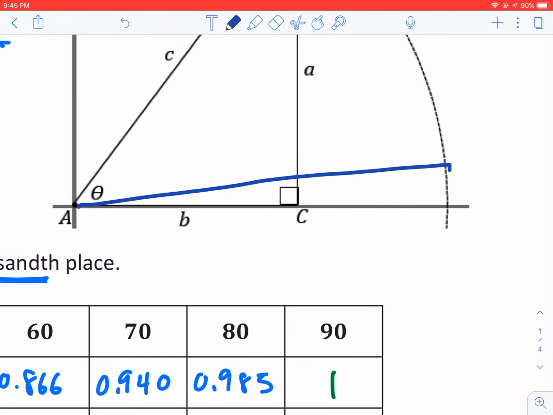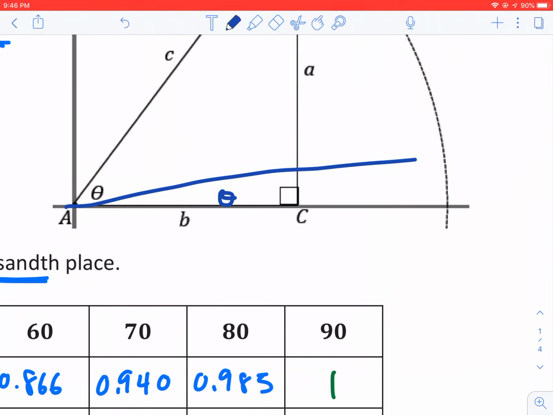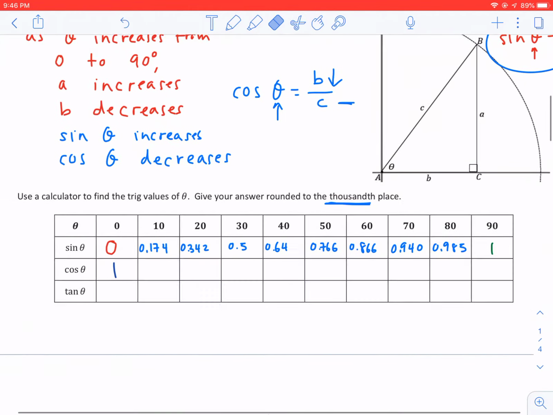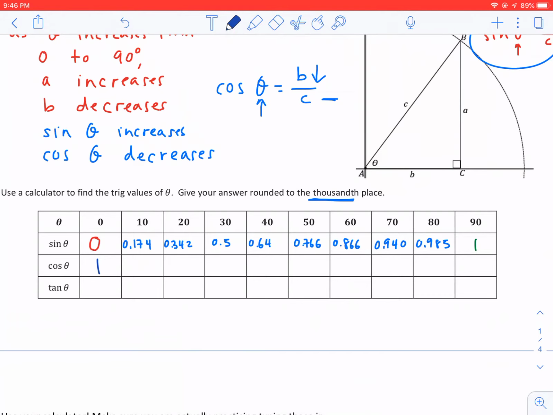If I draw a triangle that's very close to 0 degrees first, we see this B value. It's not a good triangle. We see this B value is very close to the C value, adjacent over hypotenuse, B over C. And when it's a flat triangle at 0 degrees, the B and the C value are going to be essentially the same. So it's kind of like a reverse sine situation happening.